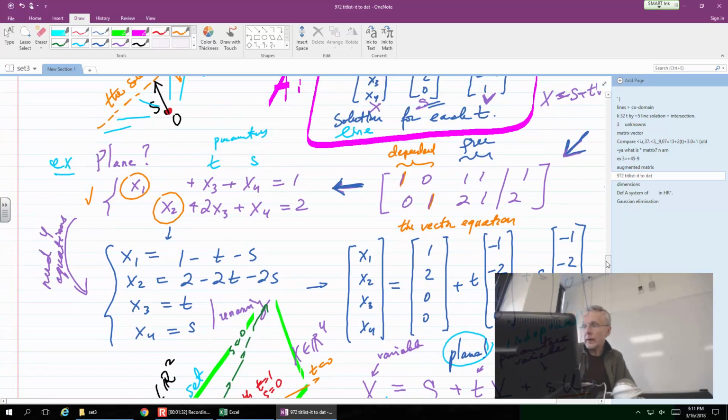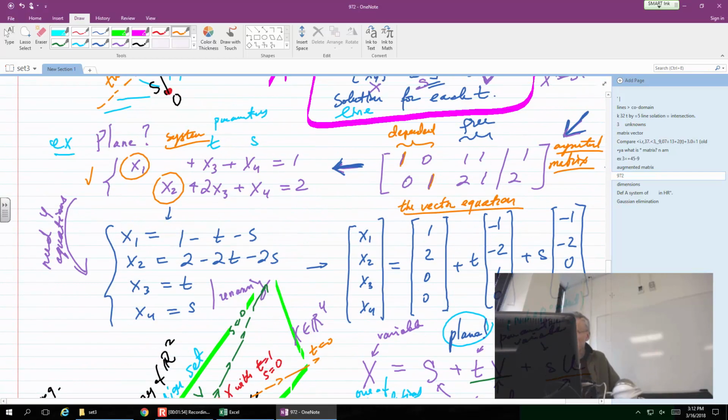So if you want names for everything, this is the system, the augmented matrix, the vector equation, and that's it. So these are three, and the matrix equation is not here, but I could just as well write it here, just for reference and for review.